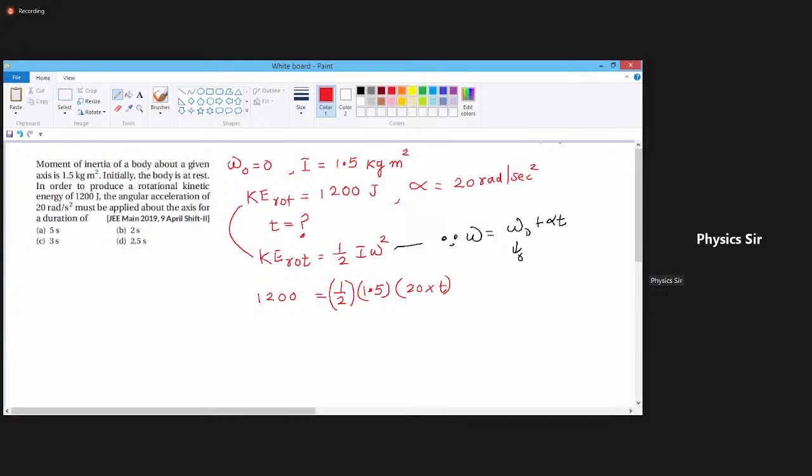So this is 2400 divided by 1.5 into 20, and this 0 gets cancelled. This time will be 2400 divided by 15 into 2.